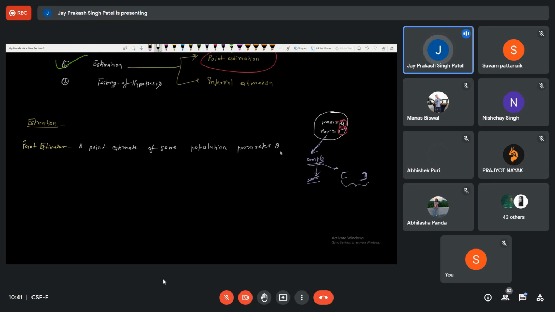Suppose theta is a population parameter. Here theta could be the mean mu, or the variance, or the population median, or the population mode, could be anything.